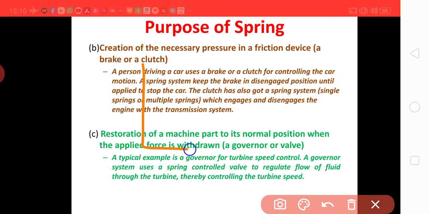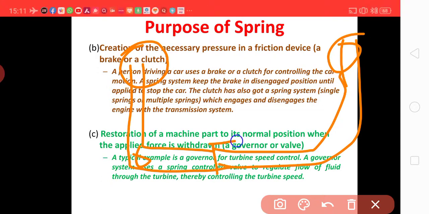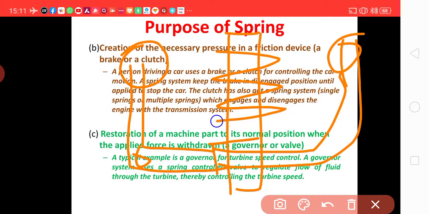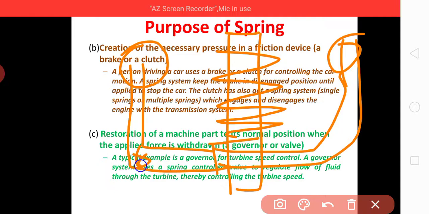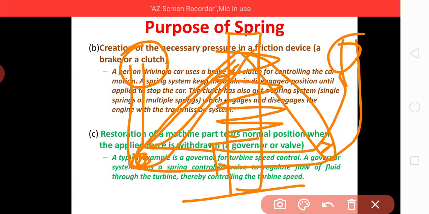there will be a lever here, or weights like this on this, and this is a system, and there is a spring here like this. This is the governor.